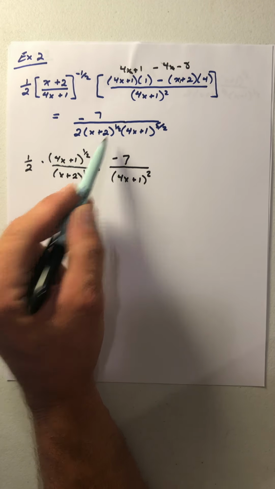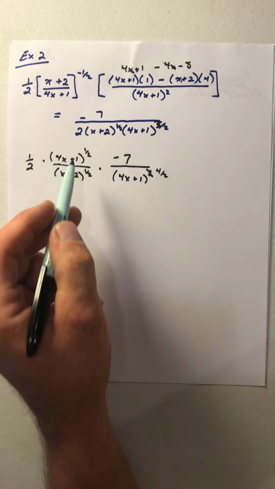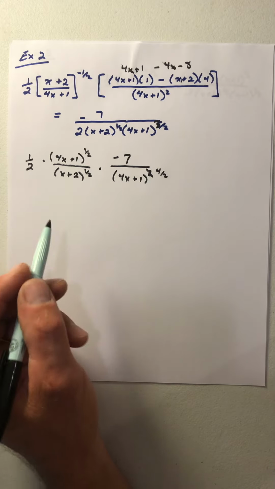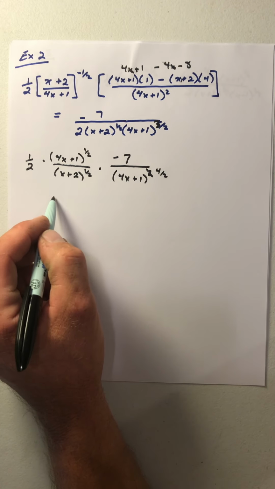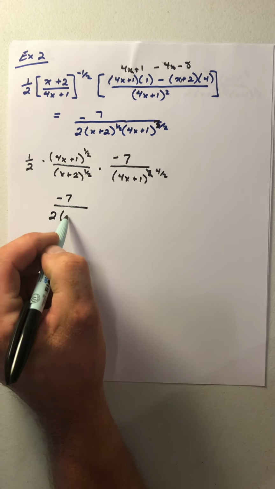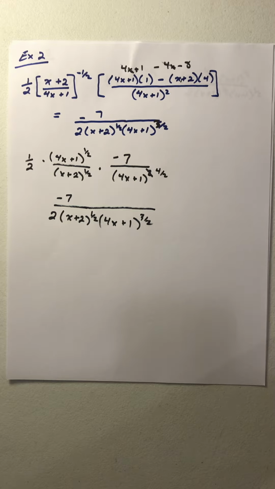Oh, I guess I made a mistake when writing that example. It should have been a 3, shouldn't it? So if I subtract those exponents, 4 halves minus 1 half gives us 3 halves. So I get my negative 7 over 2 times the quantity x plus 2 to the 1/2 times the quantity 4x plus 1 to the 3 halves. And that one is a verification as well, if I wrote down the right problem.